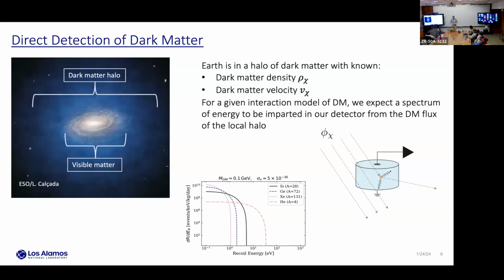And so the idea is you just place a detector in there that should have some hypothetical interaction with that dark matter. The dark matter will go through the detector, and very rarely at some point it should interact, leave some energy in the detector, and that's what we would measure. And then you would get some kind of signal for a given dark matter mass. You'd have some rate, and it would be spread across some energy regime, depending on the detector target.